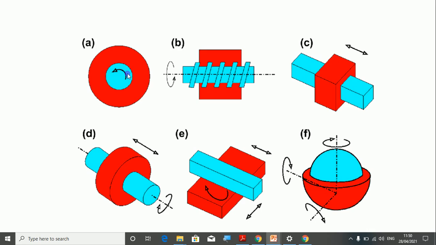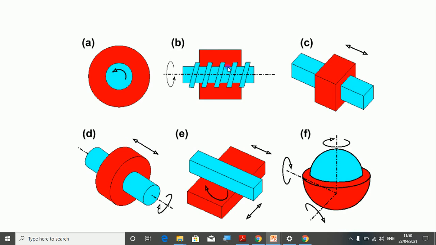It is a turning pair, and it does not have any stopper or collar. This is an isometric view of this one. Since there is no stopper, the shaft can also slide. It can rotate as well as slide, so it is a combination of both the sliding pair and the turning pair. If you provide a stopper around this shaft, you can prevent the sliding motion. Then it comes under complete turning motion.